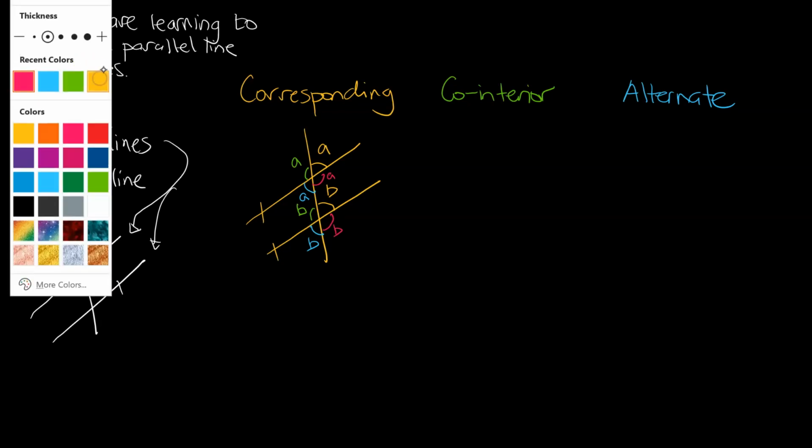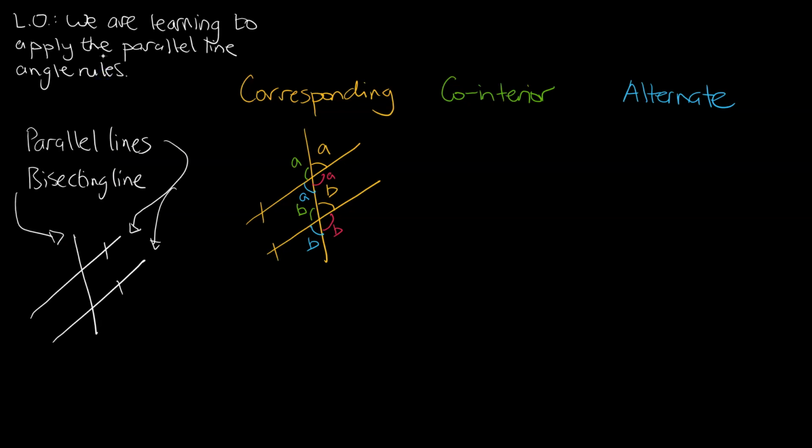And the thing that we know about corresponding angles is corresponding angles are equal. So if you see a pair of corresponding angles, we know that those angles are identical.